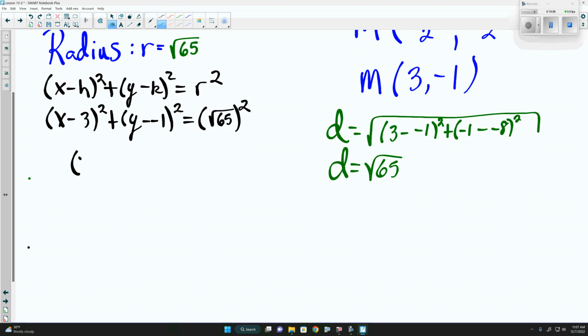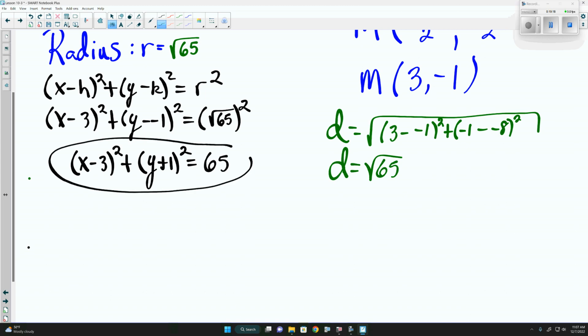And when we simplify it a little bit, we would get (x minus 3) squared plus (y plus 1) squared, because a negative and a negative makes a plus, equals 65. And that's it.